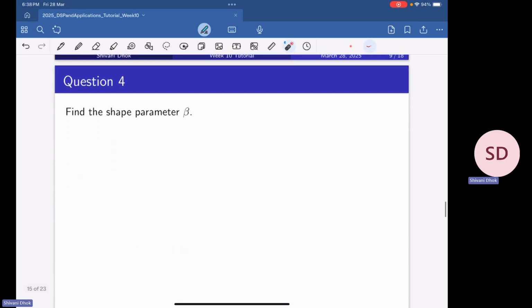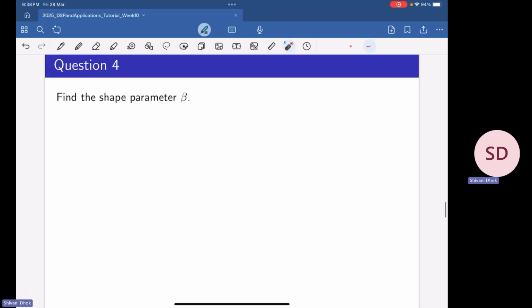Okay, so now we need to find out the shape parameter beta. Now, in order to find this shape parameter, there is another parameter known as alpha, which is basically n times beta. So this alpha is n times beta, which means that beta comes out to be alpha by n. Now, what is this alpha?